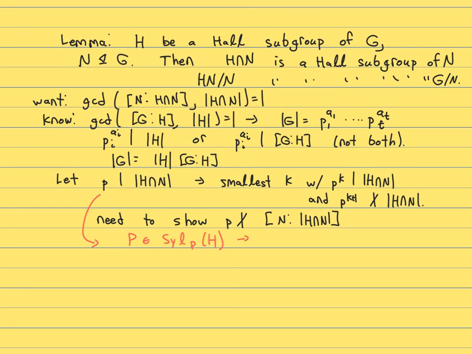What we actually know is, based on size considerations, P is also a Sylow subgroup of G, and then by the previous lemma, that implies that P intersect N is a Sylow p-subgroup of N. And of course, because P is a subgroup of H, it follows that P intersect N is a subgroup of H intersect N. And so you have a subgroup of H intersect N of the highest prime power order in N that is possible.